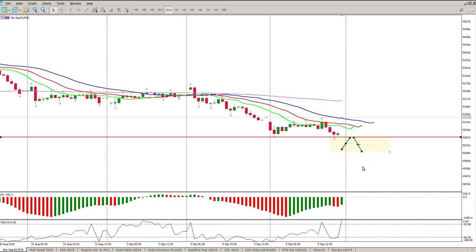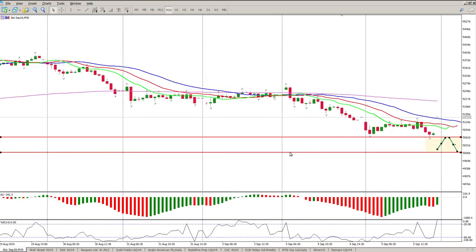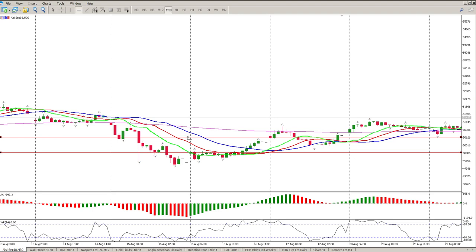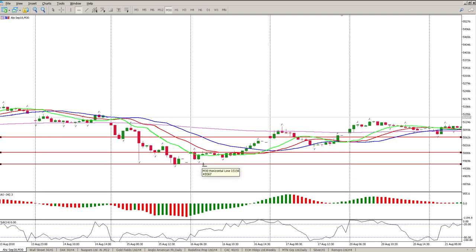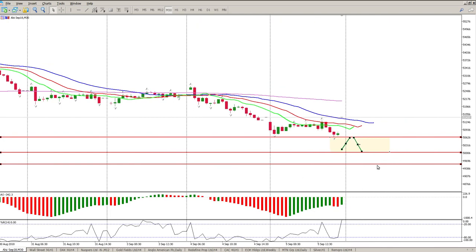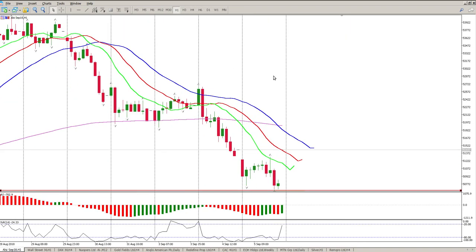So that's kind of what I'm expecting, and then anywhere in this 50,000 area is going to be the place to watch for the buyers to step in, and it could be between 50,000 and 49,500. Okay, so that's kind of the zone that we need to look for buyers, and I think that's pretty much the area that I would expect us to start looking for a turn.